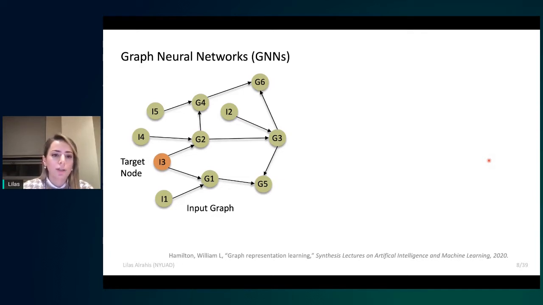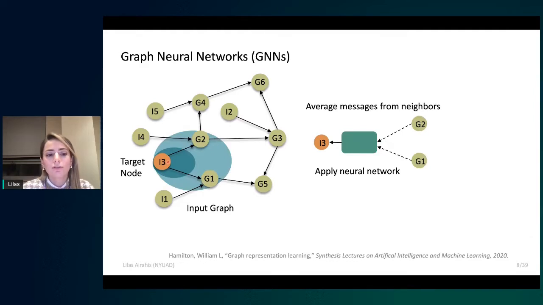In a graph neural network, given this graph, to generate this embedding vector for a given node, let's say the node colored in orange here, this node will receive information from its direct neighbors. By information here, we mean we start with a graph in which we have an initial feature vector that captures the properties of each node in the graph. So this node will receive these features of its neighbors, and it will aggregate them, combine them in a way with its own features, and update its feature vector and generate a new embedding.